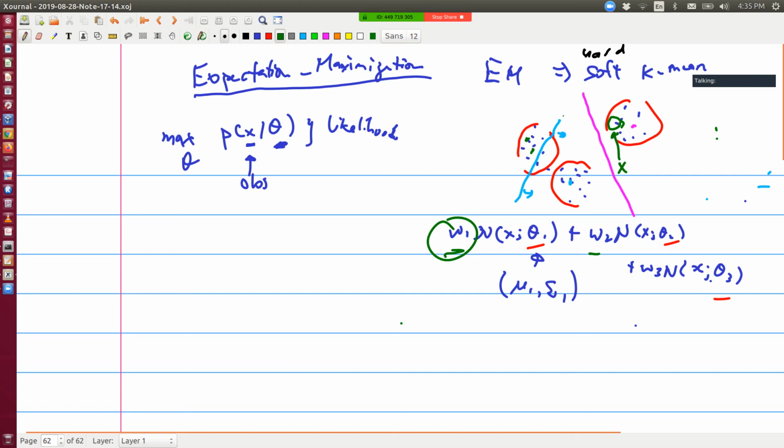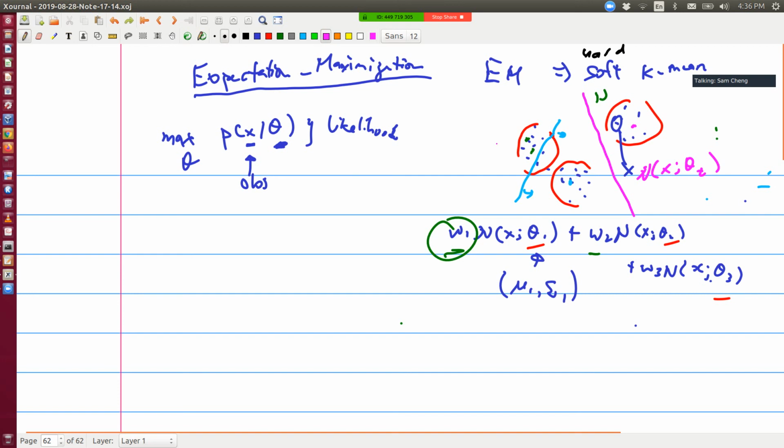Maybe I will use blue again. So it's x here. Then for this pink one, the likelihood is exactly this. And then the likelihood for the green cluster, there's theta 1, theta 2, theta 3. Maybe I call this theta 2 here.